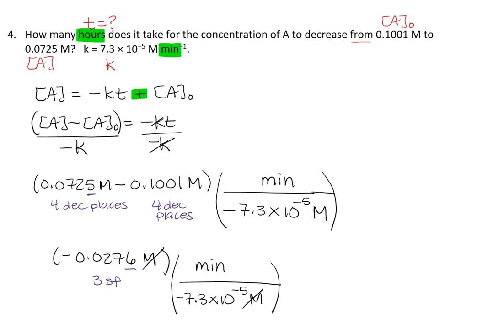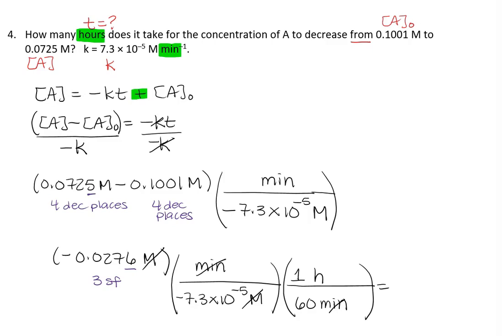Molarity will cancel. We're left with units of time in minutes, but we need to do that conversion for this particular problem. So we have 60 minutes in the denominator. That way minutes will cancel, equals 1 hour in the numerator.